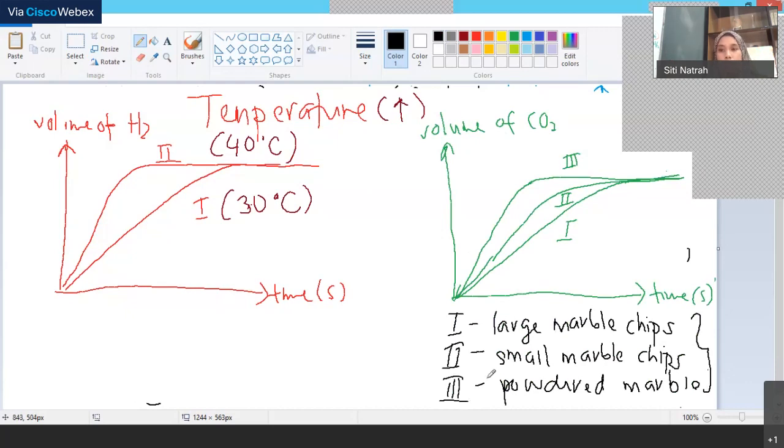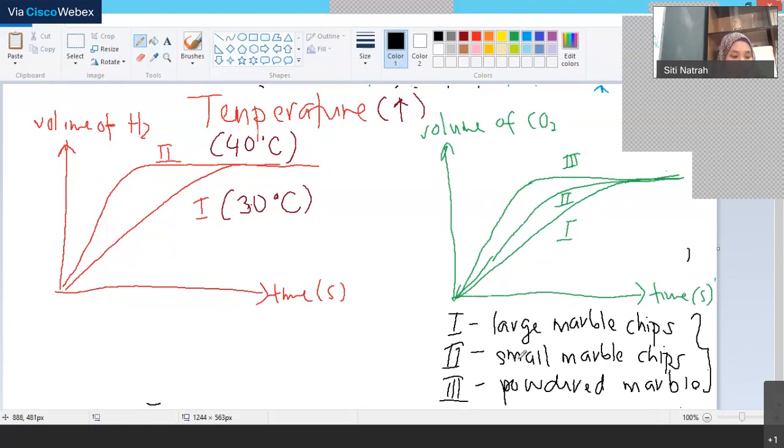So, apa definition tadi? Kita dah belajar tadi, kita ingat balik apa teori kita untuk particle size. Ini kategori particle size lah. Small, powder, large, macam tadi saya bagi contoh garam kan.